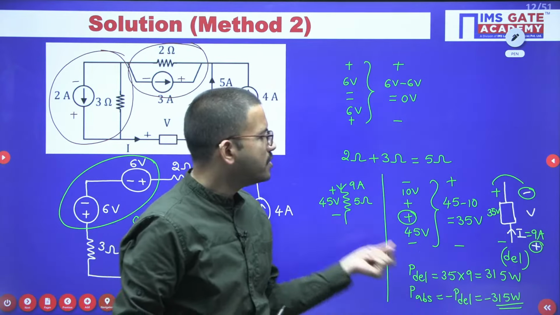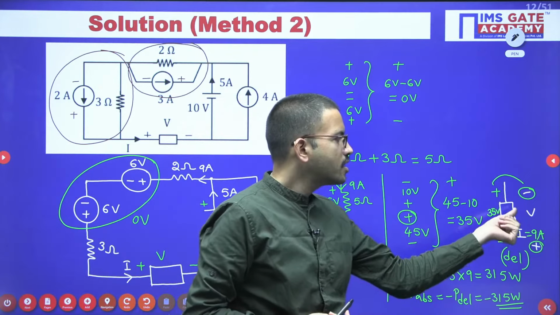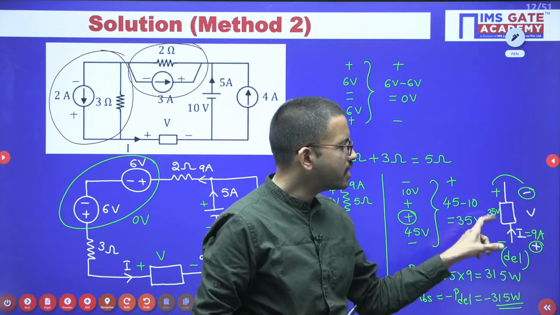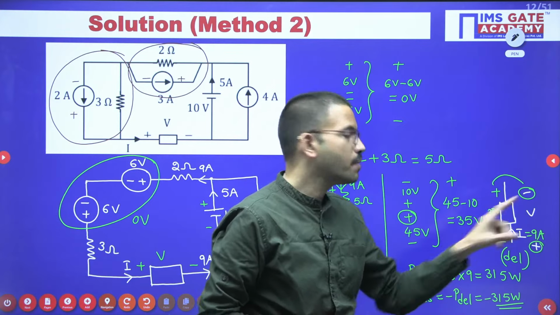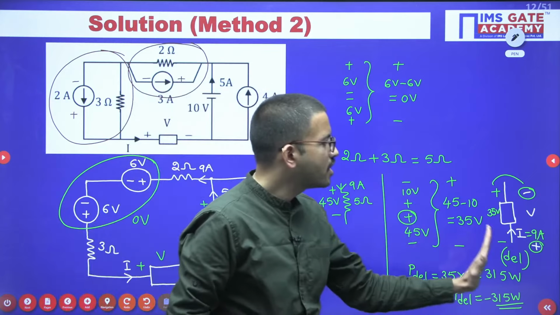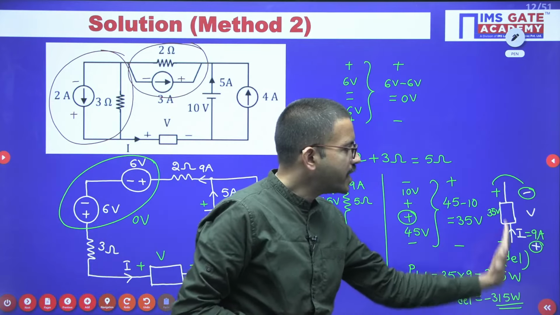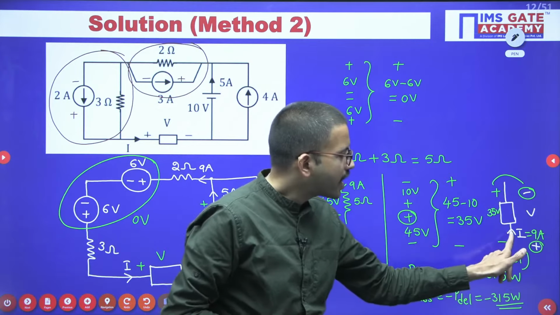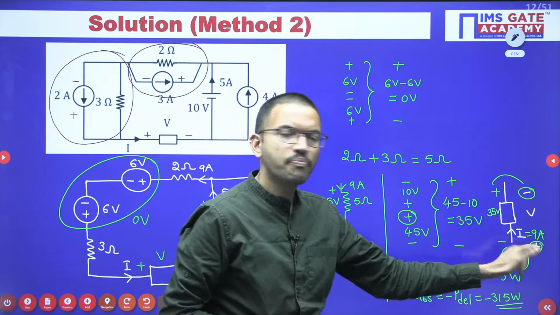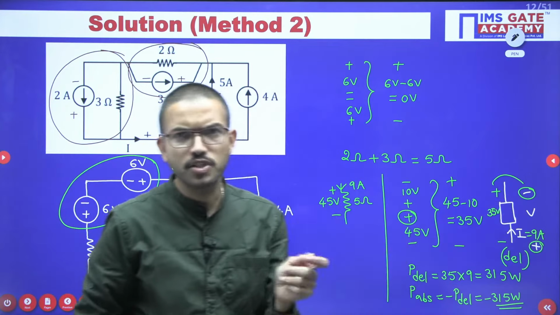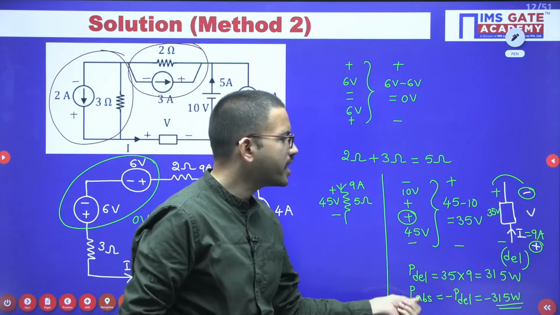But here you are having minus plus, and this plus and minus both are not the same. So if you are getting 35 volt, according to the given question, the voltage across this particular element will be minus 35 volts. In other words, current enters the positive terminal with respect to the given voltage polarities, so the element is absorbing, right?